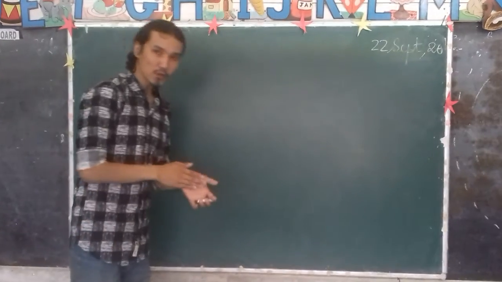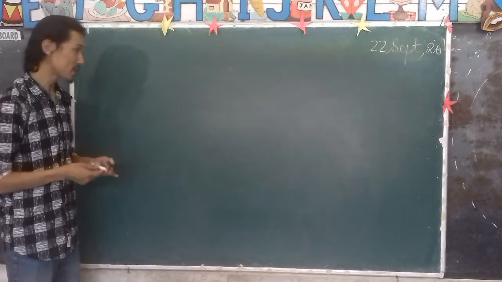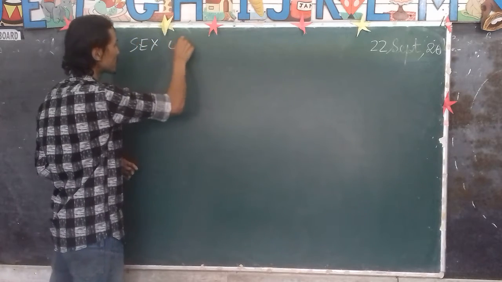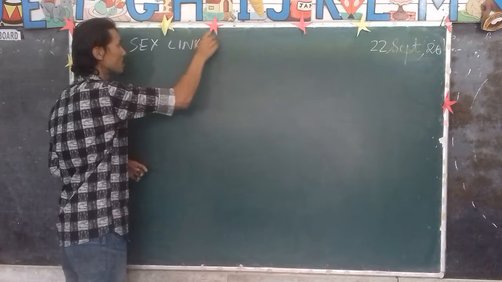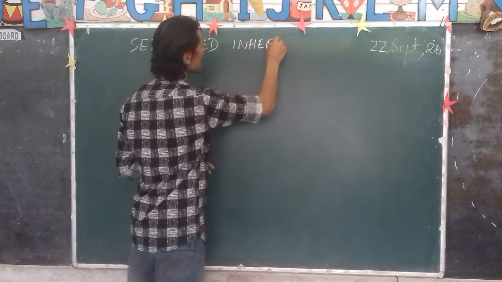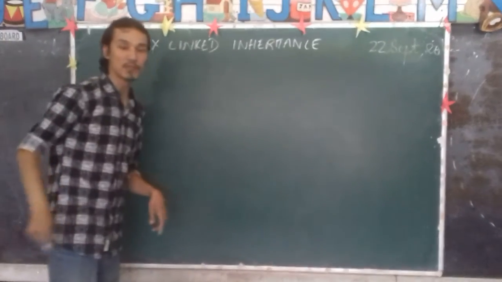Now, most of the genes are also linked on the X chromosome, so we'll just discuss a few. Sex-linked inheritance. By the term itself, it is very clear that it is the inheritance due to the genes which are linked on the X chromosome.